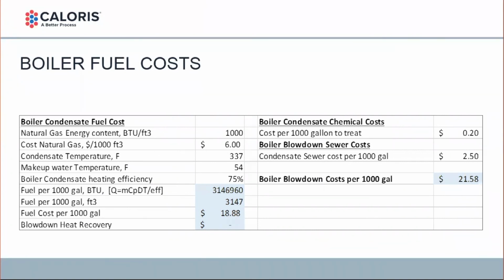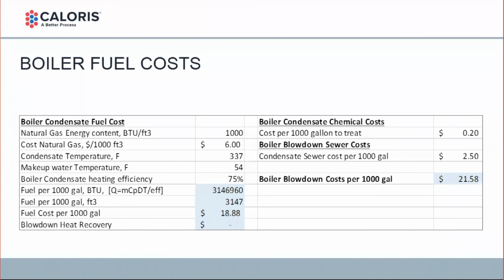The cost to heat that water up is based on the temperature difference of 337 minus 54 degrees, with a 75% boiler condensate heating efficiency. After going through all the numbers, that works out to $18.88 per 1,000 gallons to heat up that condensate.